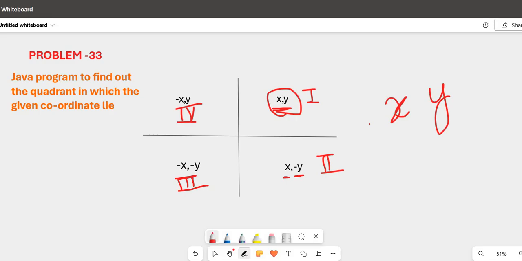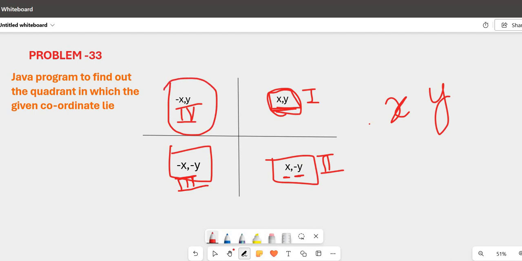For the first quadrant, both coordinates should have positive values. For the second quadrant, x should be positive but y negative. For the third quadrant, both should be negative, and for the fourth quadrant, x should be negative but y positive.